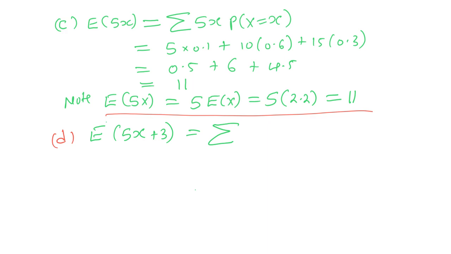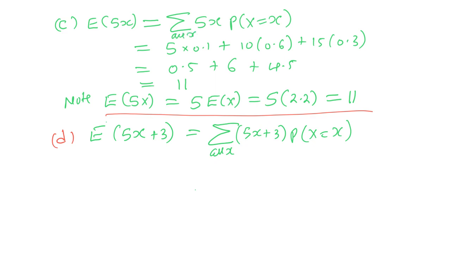So it is going to be the summation of 5x plus 3 times the probability of X equal to x. So get the values of x multiplied by 5, add the 3, and multiply by the corresponding probabilities, and then sum for all of those x's.